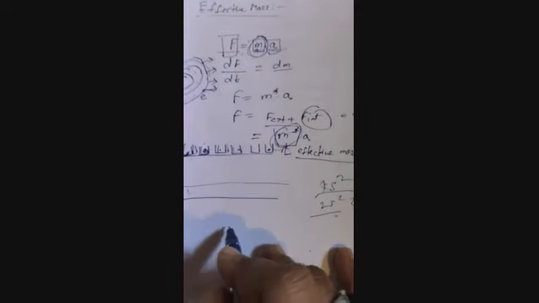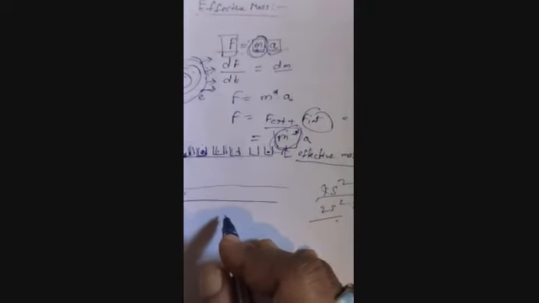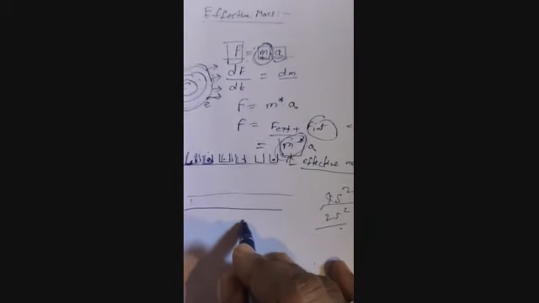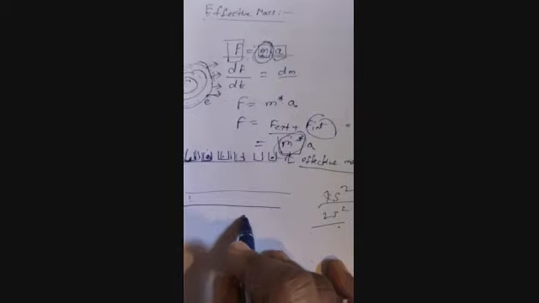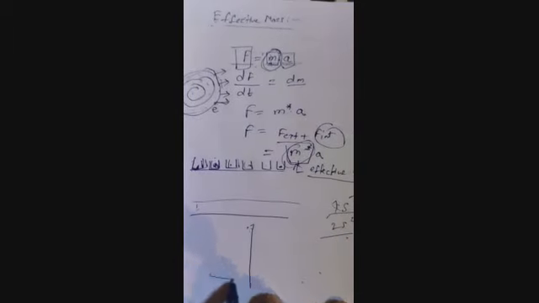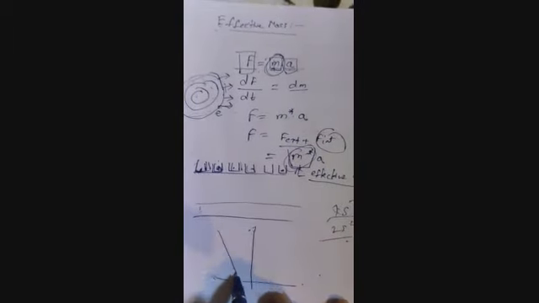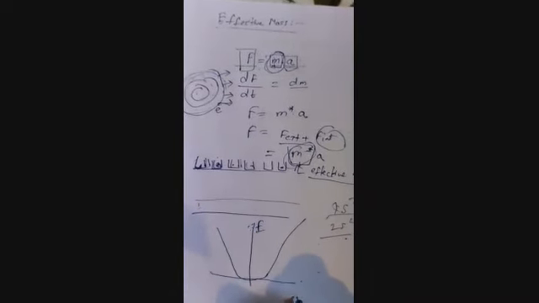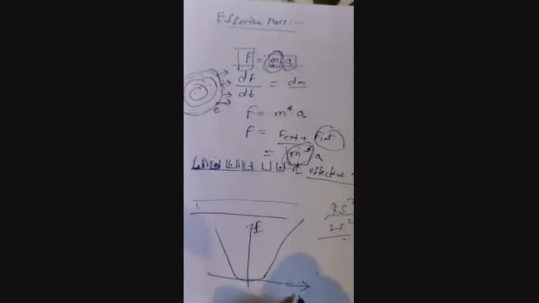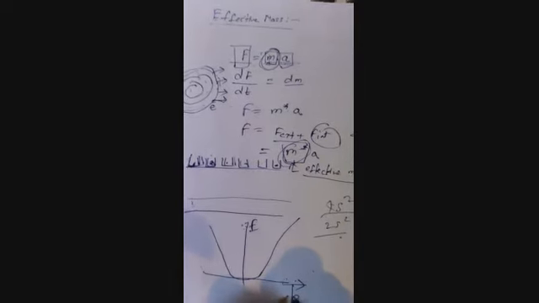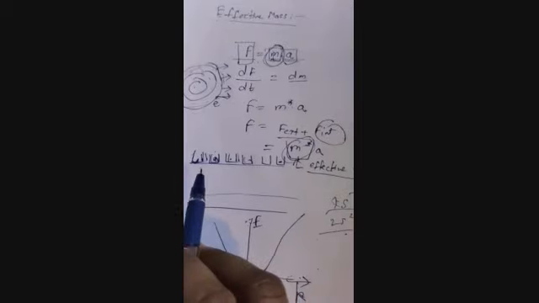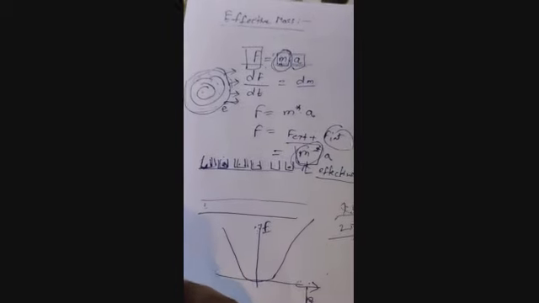From the Kronig-Penney model, the E-K diagram. What is the E-K diagram? The E-K diagram of an electron can be given like this. From the Kronig-Penney model, actually from the Schrodinger wave equation, the electron was assumed to have a behavior like a wave.